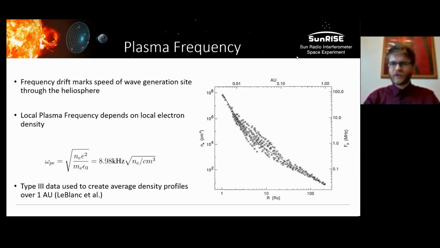A lot of this is unlocked by the equivalence of the plasma frequency. We know that the emission frequency is tied to its location, where the upstream plasma frequency is determined by the density. As we see these bursts move outwards from the sun and into less and less dense regions, we see that emitting frequency predictably drop as well with that density.